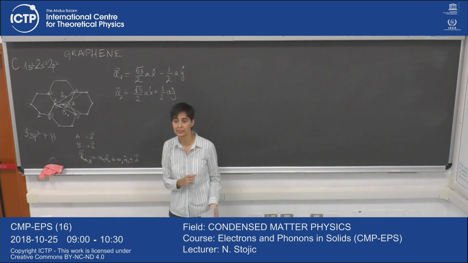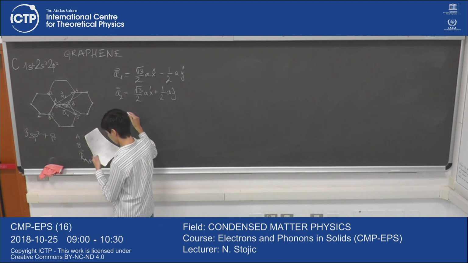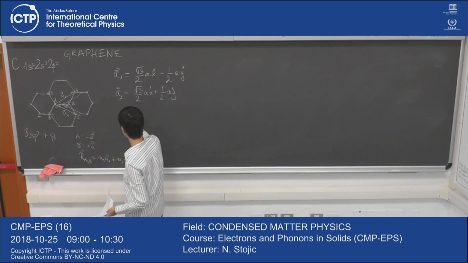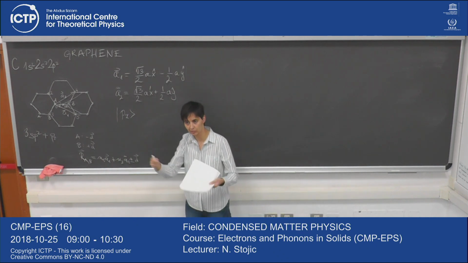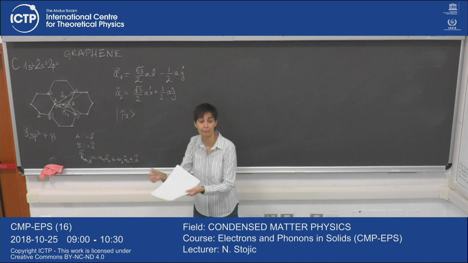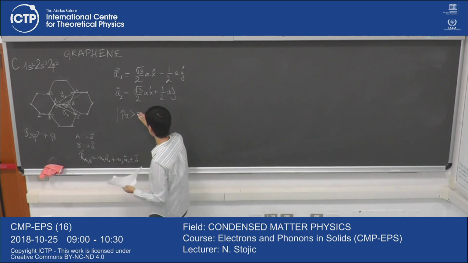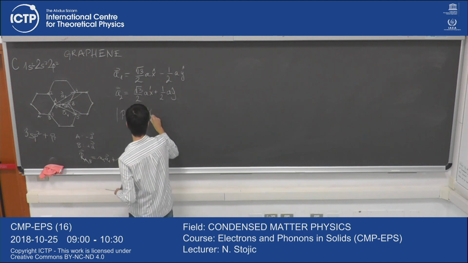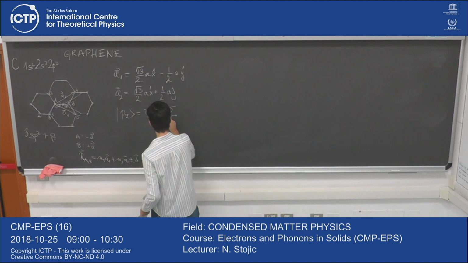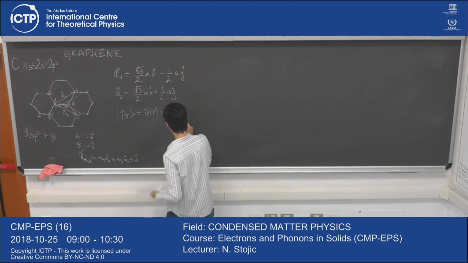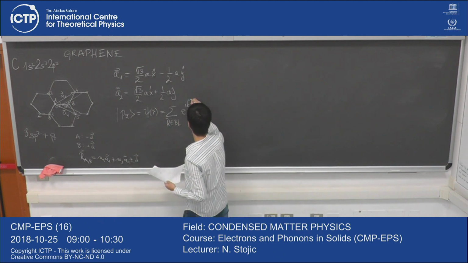Now let's write the Bloch function. It is going to be the pz electron. It's good to know what you're doing, to keep in mind what your real goal is, not to just become mathematical and do mathematics forgetting your goal. So, all the R vectors from the phase factor.